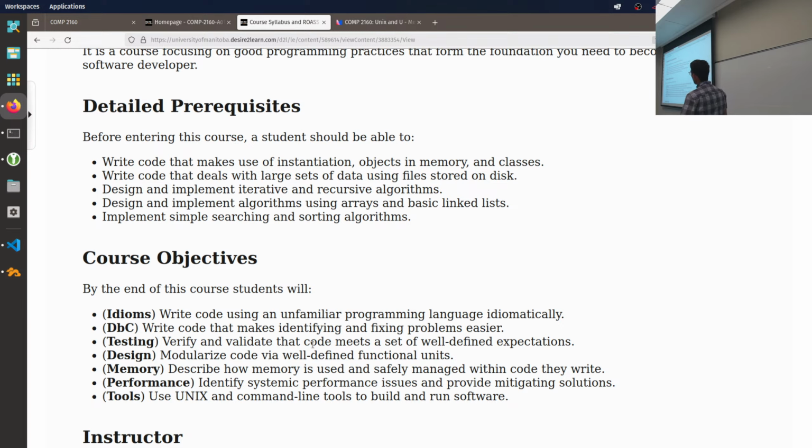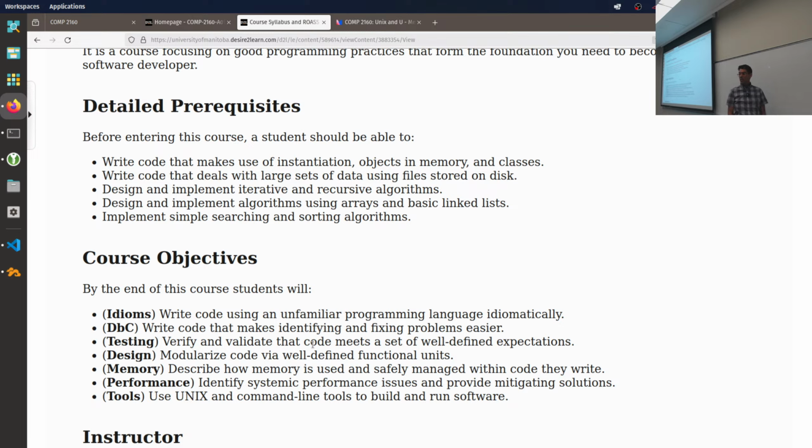I want you to be able to write code that deals with large sets of data using files stored on disk. So this is writing that kind of cumbersome try-catch block that uses maybe a buffered reader to get data from a file. I want you to at least minimally be able to implement recursive algorithms.